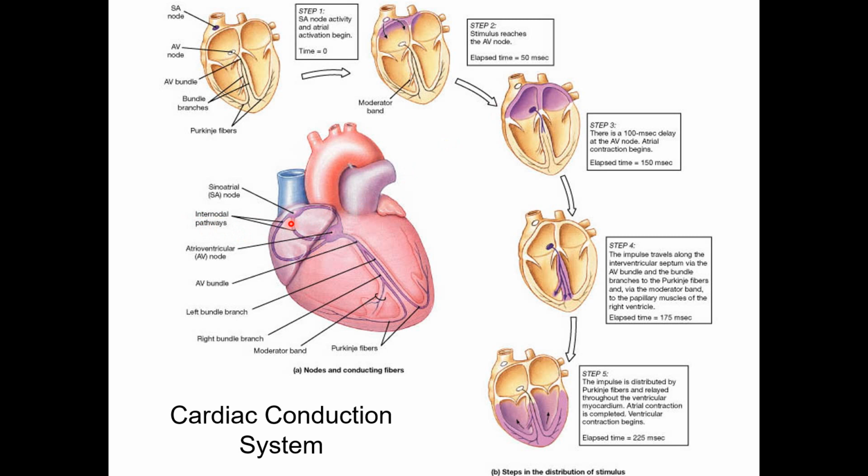Internodal because these pathways will lead to the second node, which is located also in the right atrium here just above the septal cusp of the tricuspid valve. This node is called the AV node or the atrioventricular node.